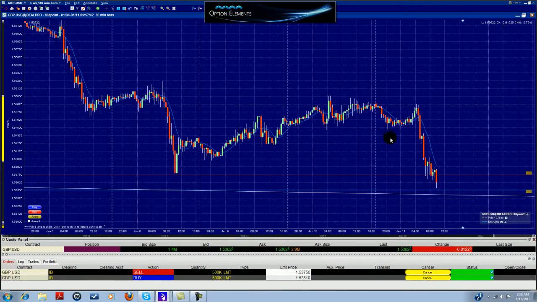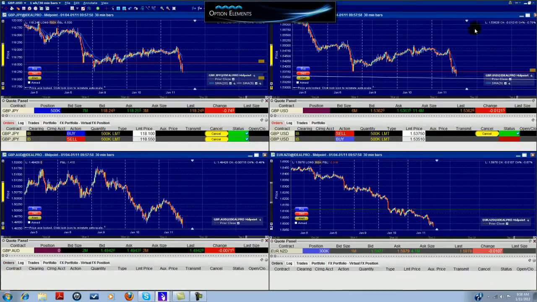Also, since the British pound and the British pound yen are highly correlated, I'm going to go ahead and get rid of this buy order that I have in the British pound. Just cancel that out. Leave my sell order in, because now we're trading the British pound Japanese yen over here.